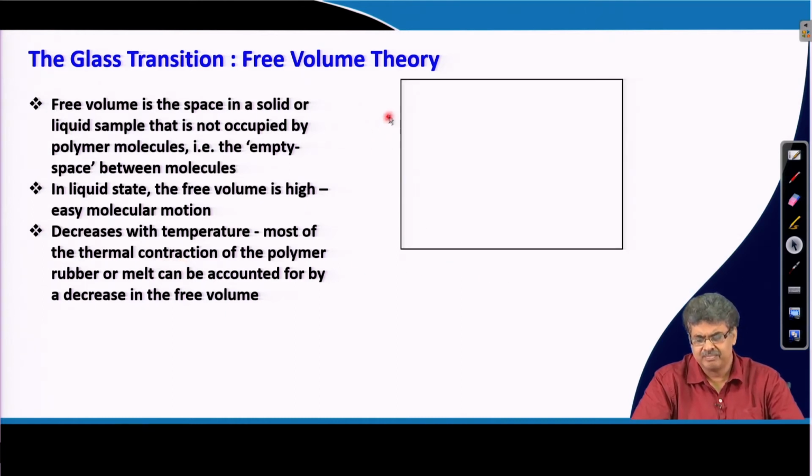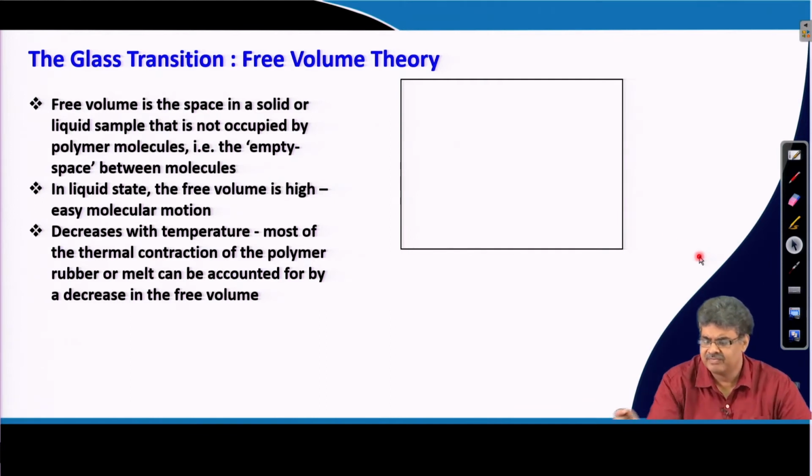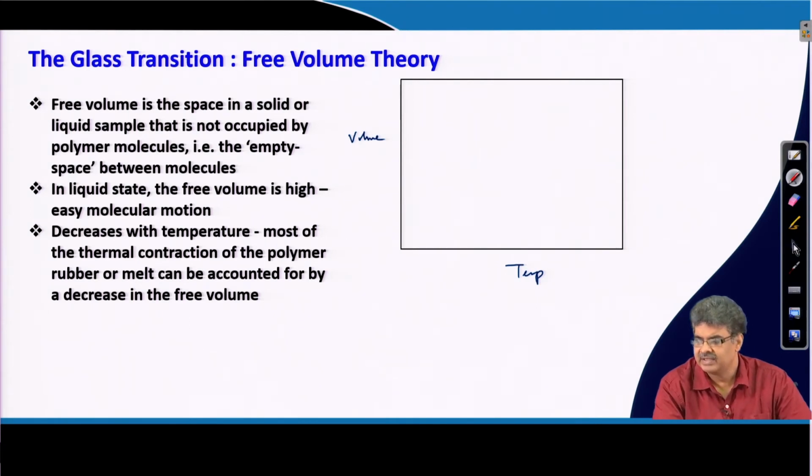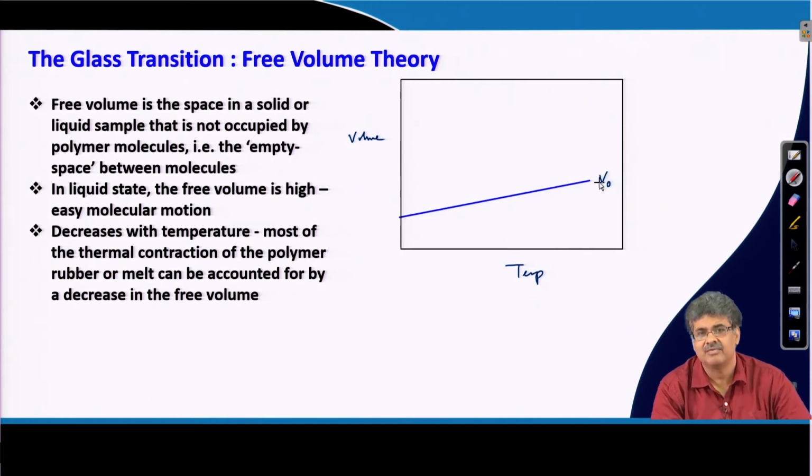So, if we plot the volume of a polymer sample with temperature, temperature here and volume of the sample, and this is V0, which is basically the volume of the polymer molecules, which is slightly dependent on the temperature.